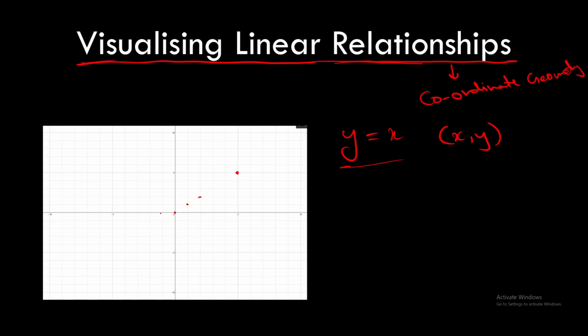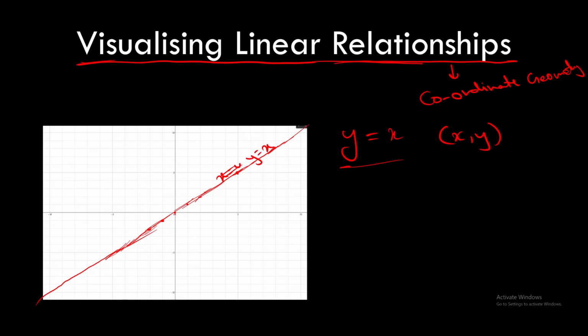Same goes for negative numbers. X is equal to -1, y is equal to -1. X is equal to -2, y is equal to -2, and so on. And then we can see a line is formed. And we can simply draw this line in here and in here. So this is the line for y is equal to x.